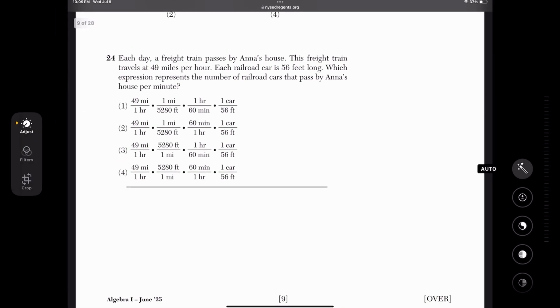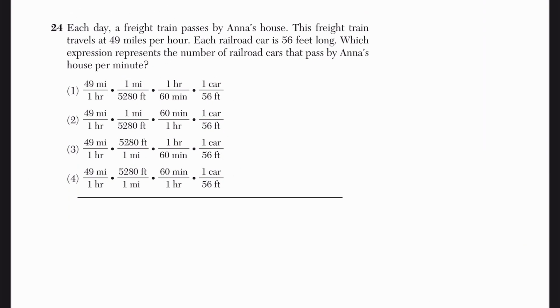And then last, multiple choice. Okay, so I have a trick for this. I use a method called cross canceling. Basically what I'm doing is looking for units in the denominator and the numerator.